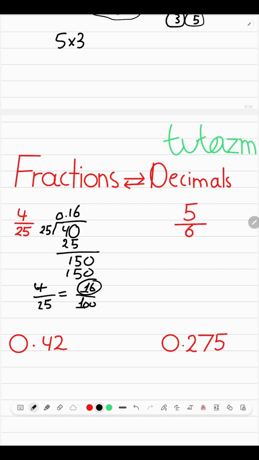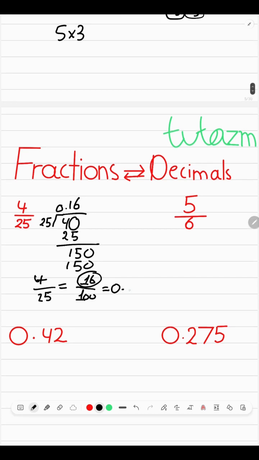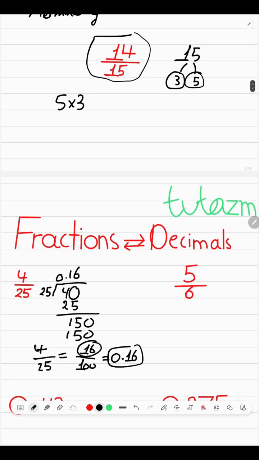So we'll take this number here, and it would be 0.16. You can use either method. The method at the top works easier sometimes, but the method at the bottom can be helpful as well. You pick and choose.